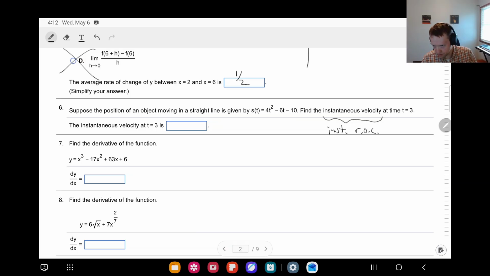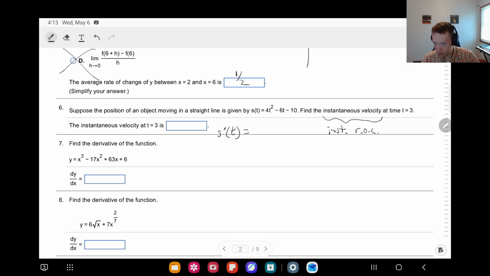The instantaneous rate of change, that's how fast you're changing at an instant, at a point. That is the derivative at that point. So we just need to find the derivative. That will be velocity, s prime of t.